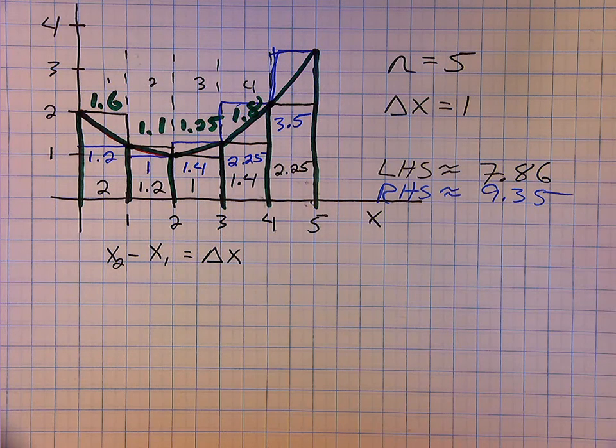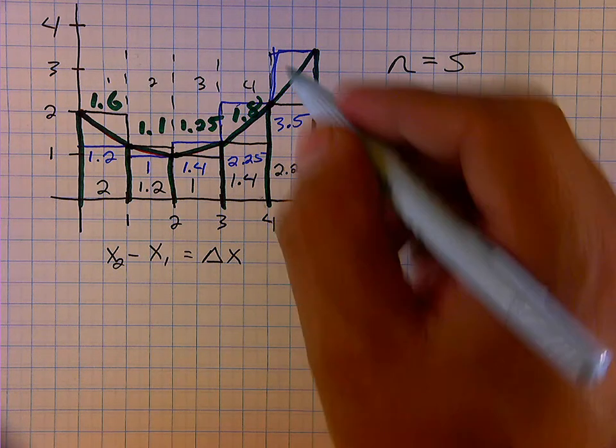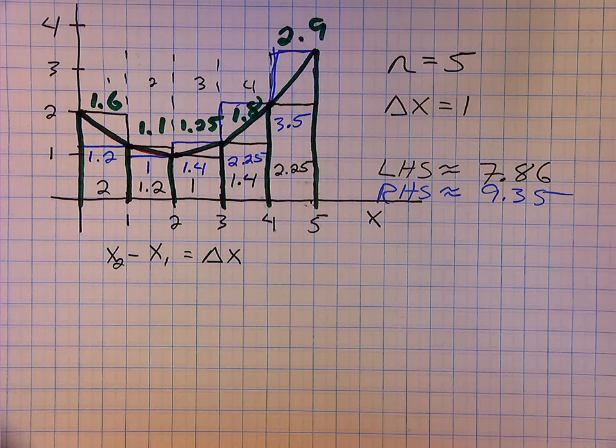And last but not least, 3.5 plus 2.25 divided by 2, I'll call it 2.9. I'm rounding. These are all approximations. You should understand that anyhow.